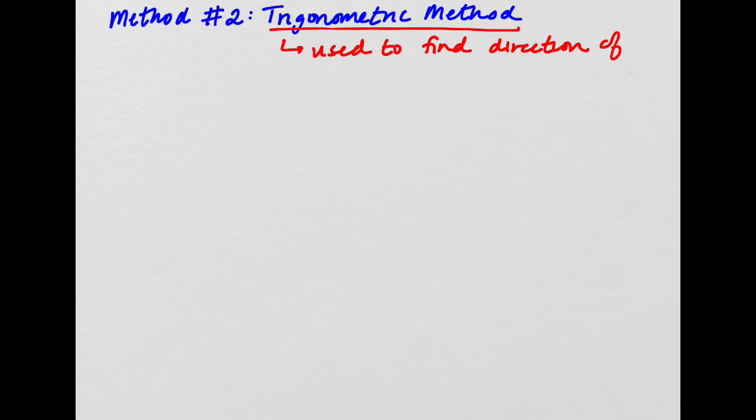So today we're going to look at the trigonometric method, method number 2. And we are going to use this exclusively in order to find our direction of the resultant, not the magnitude, just the direction of the resultant.